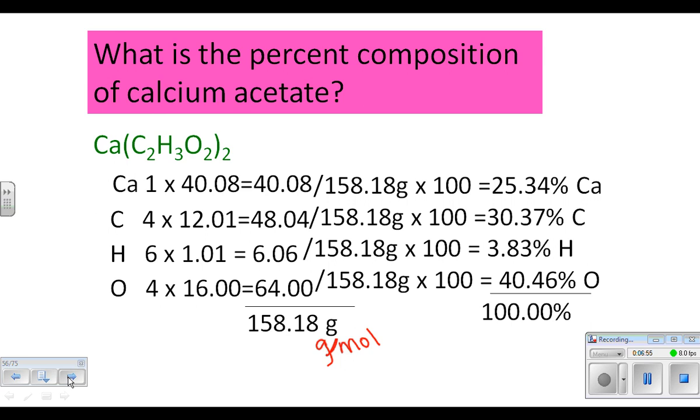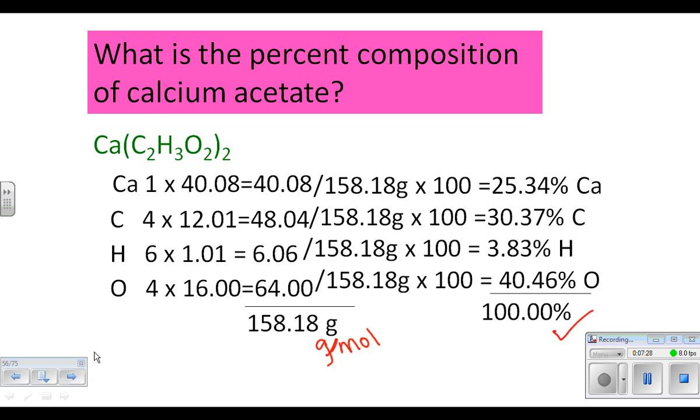Those are rounded to the number of significant digits that I'm supposed to have, because this first one, 40.08, has 4, and 158.18 has 5. So we did 4 in our percentage. Okay, and then 64 divided by 158.18 multiplied by 100 should give us 40.46 rounded. When we add all of those up, we do end up with 100%. So that checks out, and I have a correct answer there.